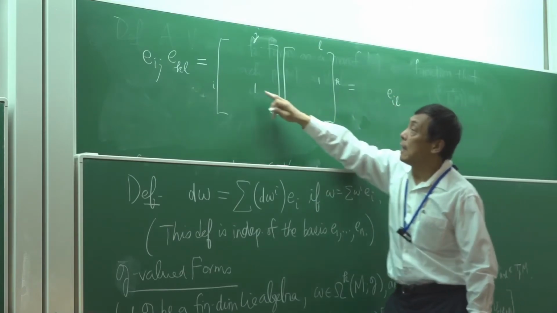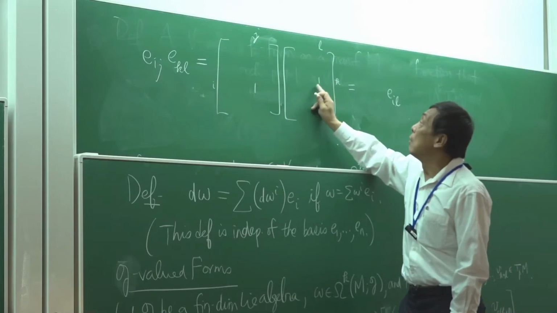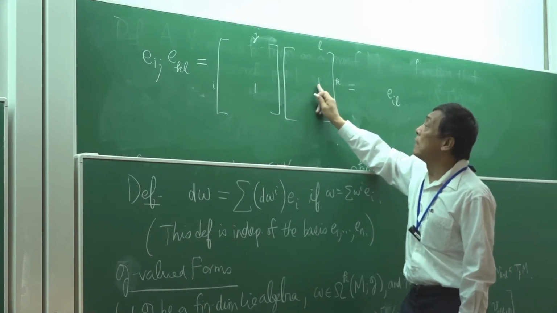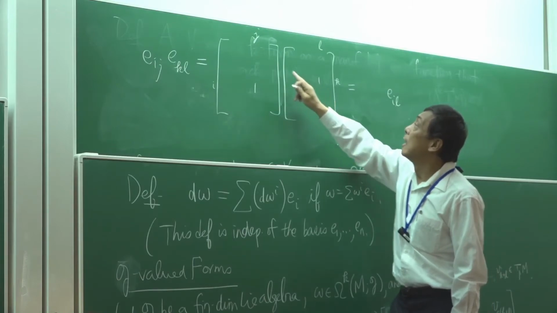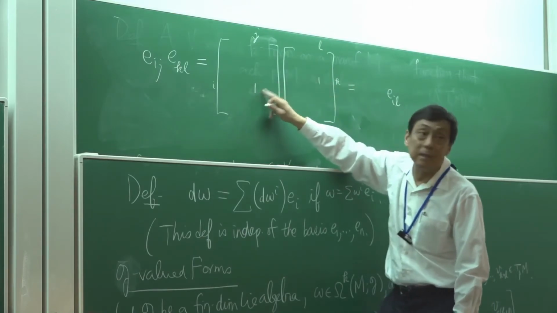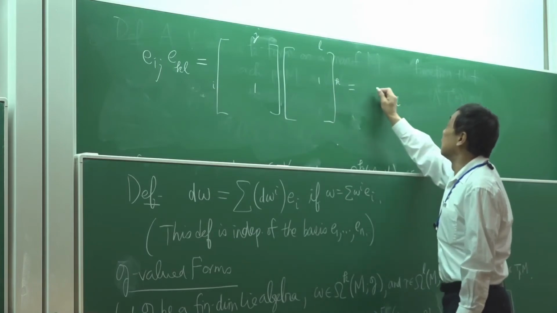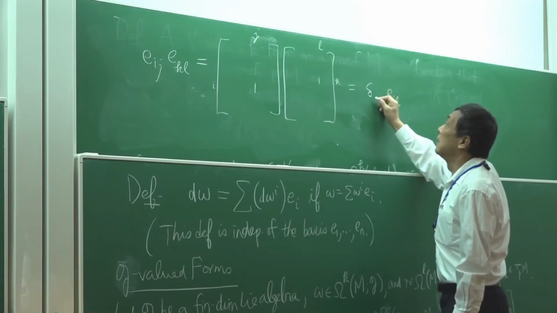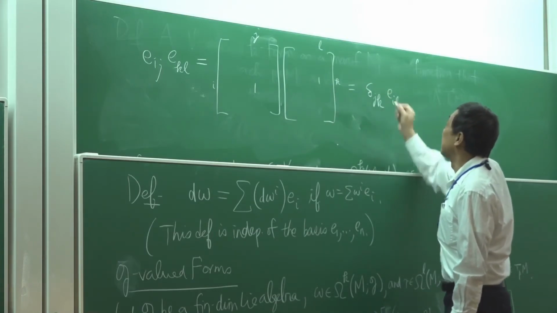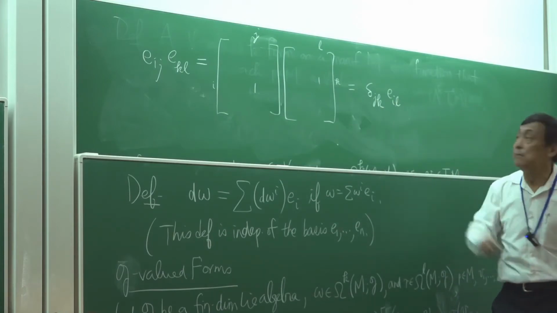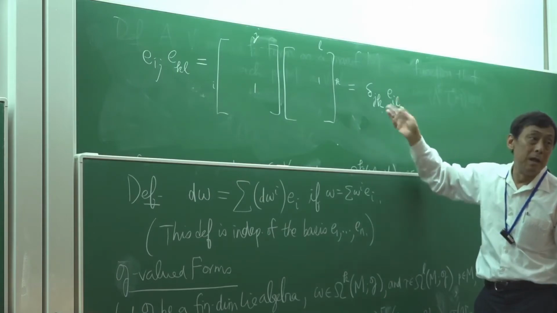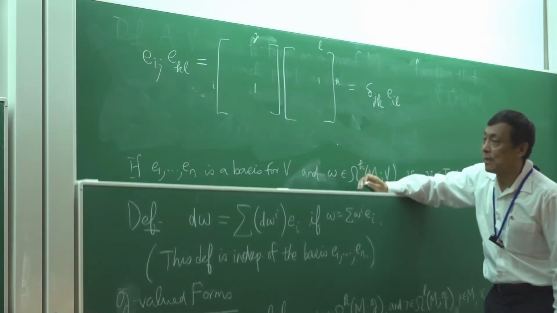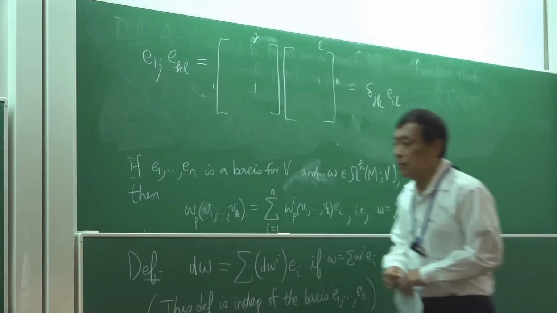And that 1, when would it not disappear? When j is equal to k, they will line up. So this will be delta jk. That's the formula. If j is equal to k, you get a 1, and then you get E_il. Otherwise, you get 0.